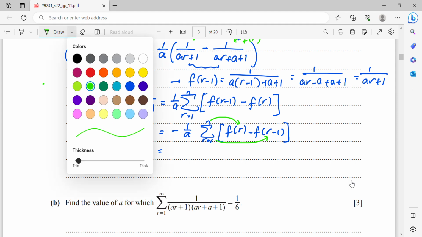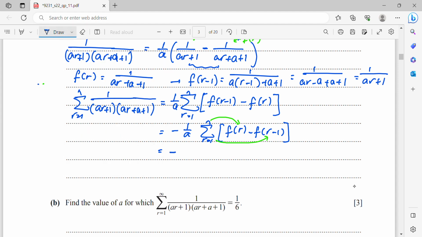That means now you are getting negative 1 over a, then f(n) minus, when you replace the r by 1, so 1 minus 1 is 0, so f(0). Okay, remember just now our f(r) is this. So here I will rewrite my f(r) is going to be 1 over ar plus a plus 1.